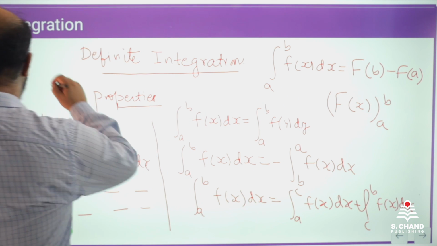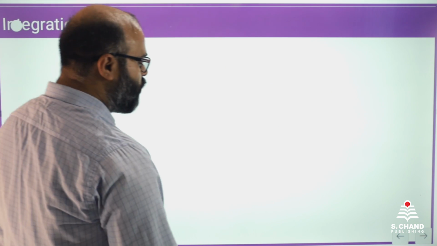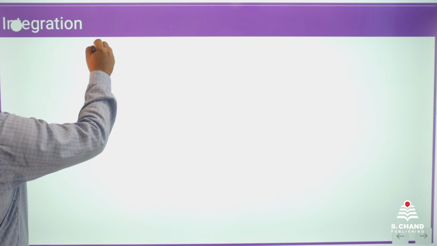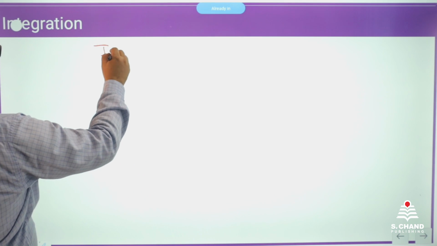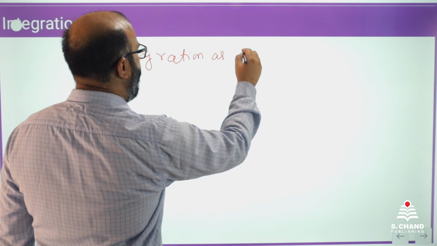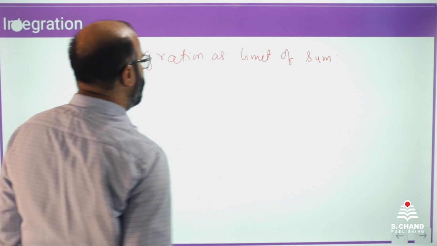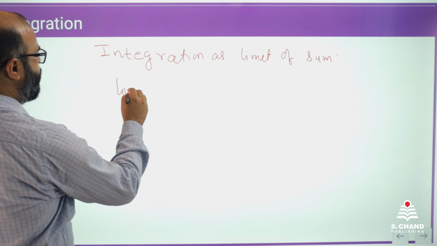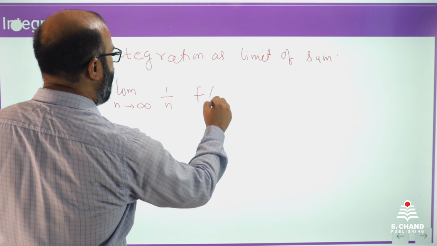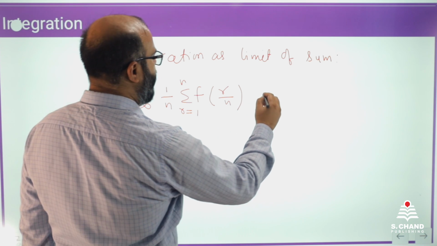So the next is limit of sum. So when we talk about integration as limit of sum, in that case what we say is that limit n tending towards infinity, 1 by n, f of r by n, r equal to 1 to n can be written as.